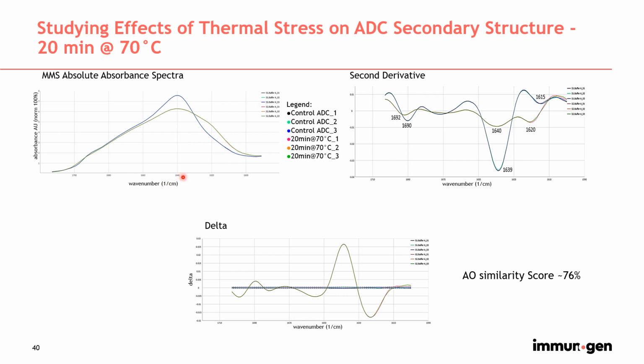Also, looking at the delta analysis from the software, the area of overlap similarity score between the control and the stressed sample in this case was only 76%, again telling us that there was significant change in secondary structure on applying the stress conditions.